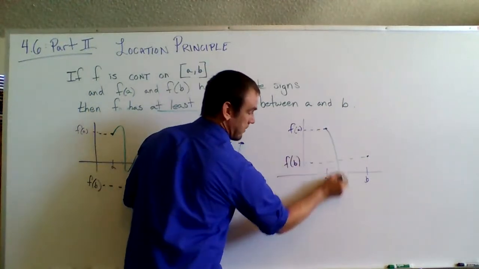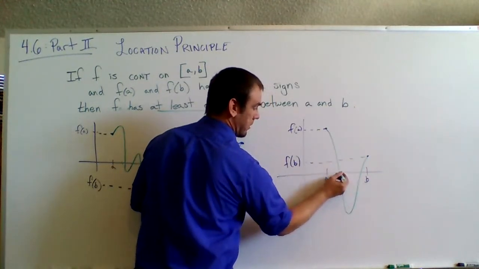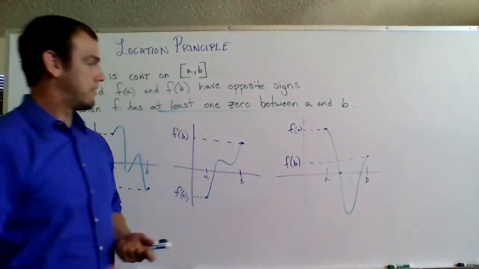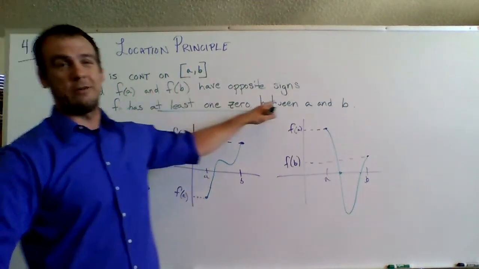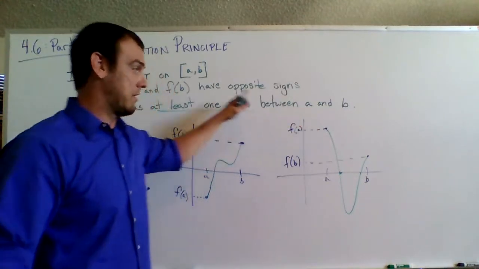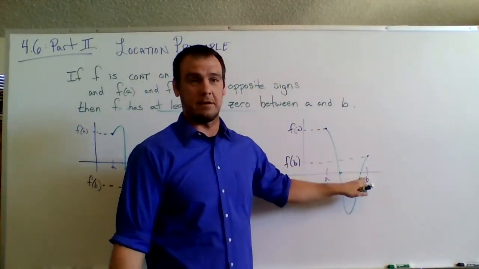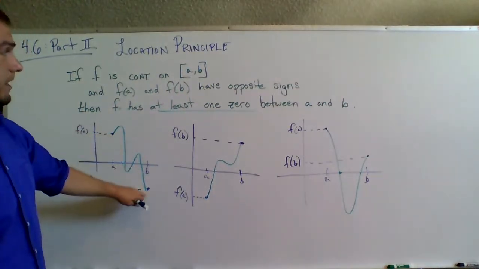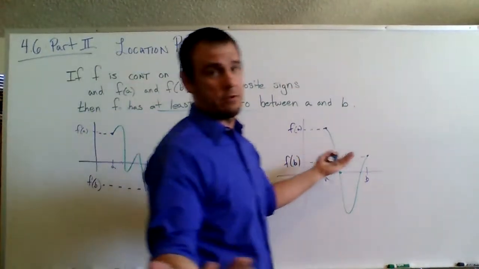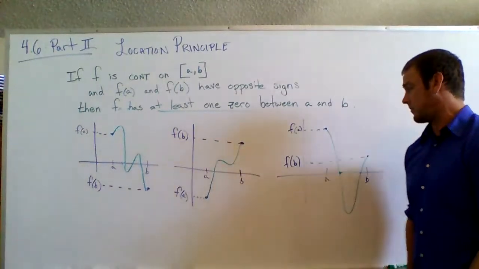Well, can our graph go down and then come back up? So you could actually have two x-intercepts. Just because your outputs don't have opposite signs does not mean there is not an x-intercept there. But if your outputs do have opposite signs, it guarantees that at least one zero must occur on that interval.